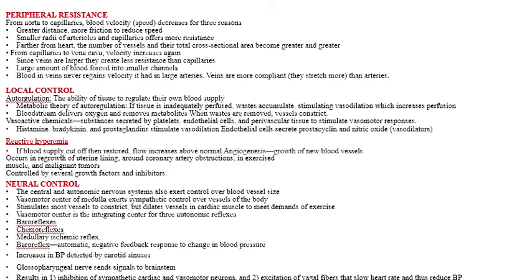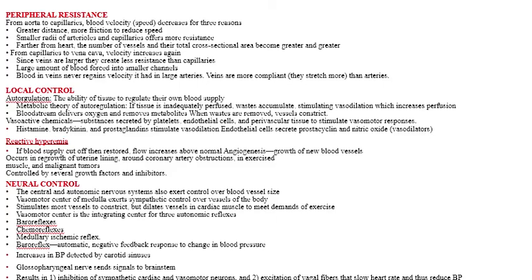Vasoactive chemicals are local chemicals that can dilate or constrict the vessels, usually released by platelets or endothelial cells inside the arterioles or capillaries, and by perivascular tissue, to stimulate a vasomotor response.